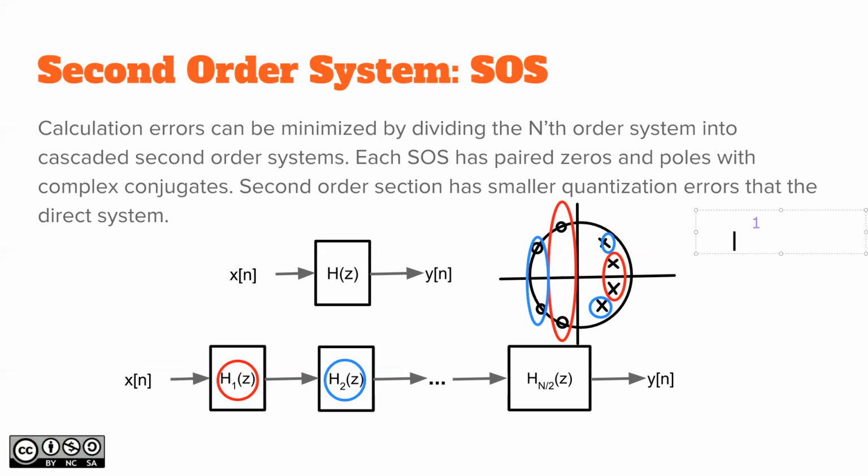If you take this multiplication of z plus 1, so exponentials of z plus 1, it goes something like that.